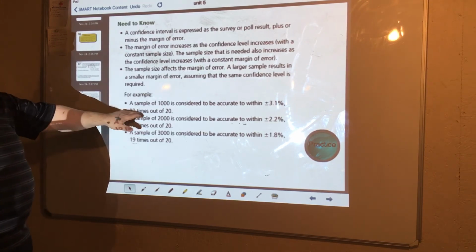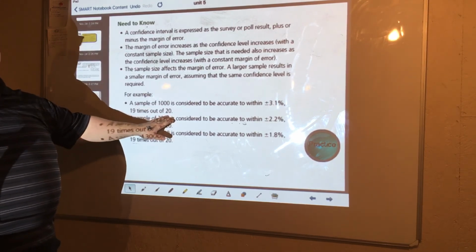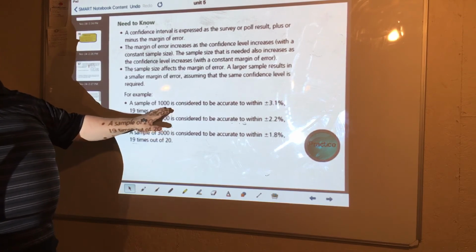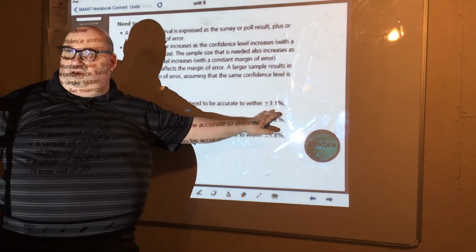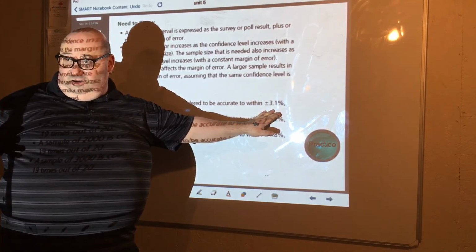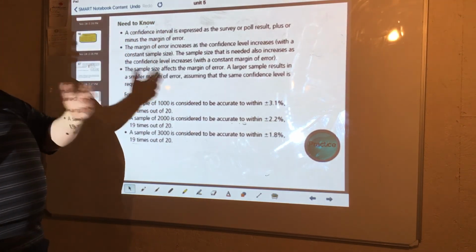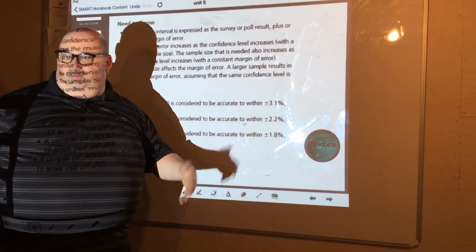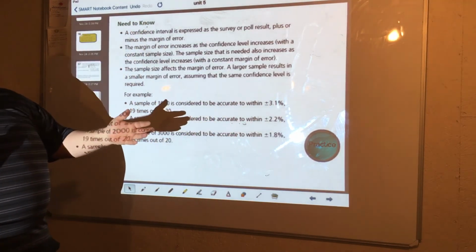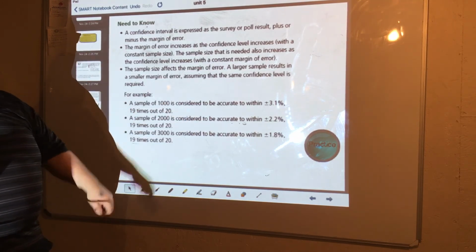So, 19 out of 20, that's our confidence level. Plus or minus, that'll be our margin of error. And then our interval will be whatever the number is, plus that number and minus that number. Yeah? Questions? No. Well, that's the end of the unit.